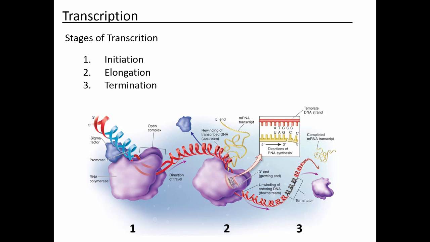So this has to happen first. And then the DNA strands unwind. You don't completely unwind them, just in the region where you're transcribing. So DNA strands separate from each other.